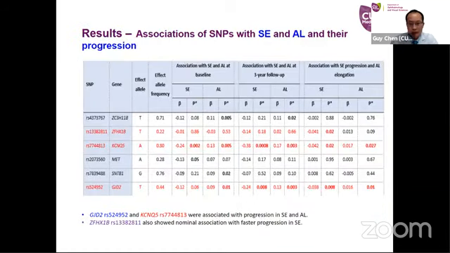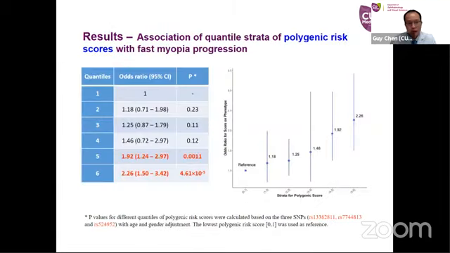By studying the progression of the spherical equivalent and also the axial length, these genes also show a positive association. We then investigated whether the genes have additive effects by using polygenic risk scores and found that children having the highest score may have nearly 2-fold increased risk of fast myopia progression.